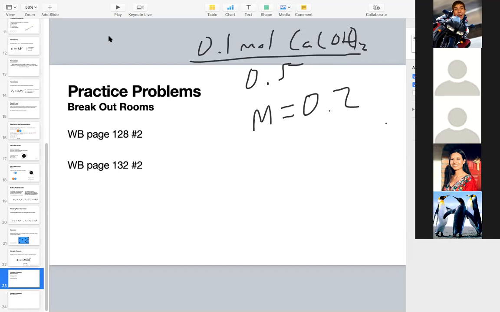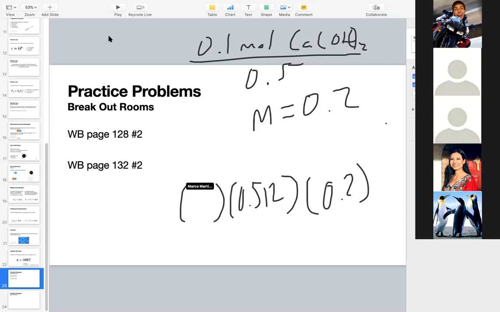And then we could plug in 0.2 multiplied by 0.512, I believe, multiplied by 3, plus 100 equals TB.